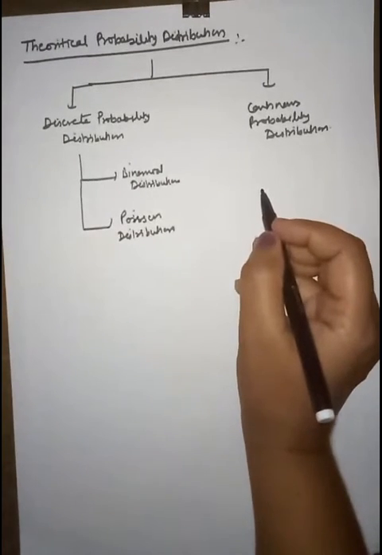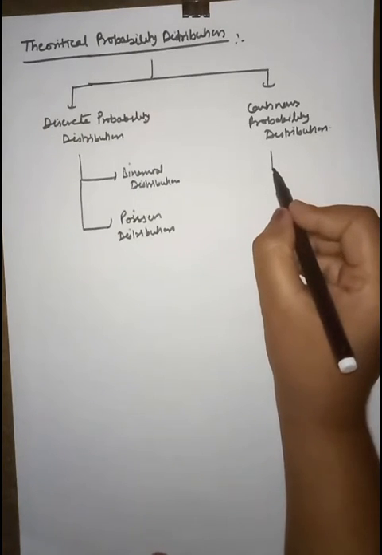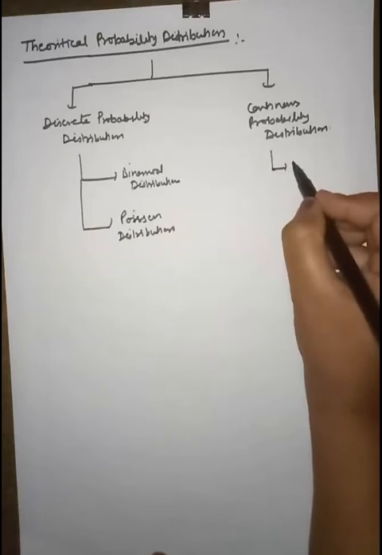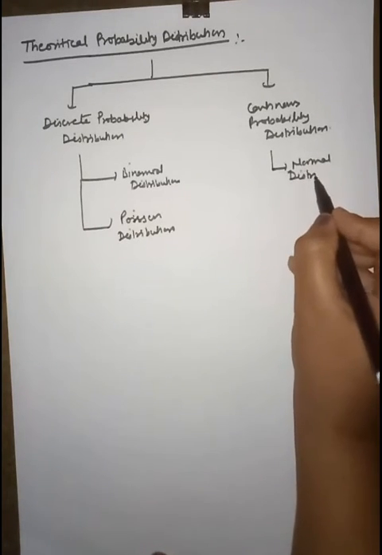And the continuous probability distribution type is the normal distribution.